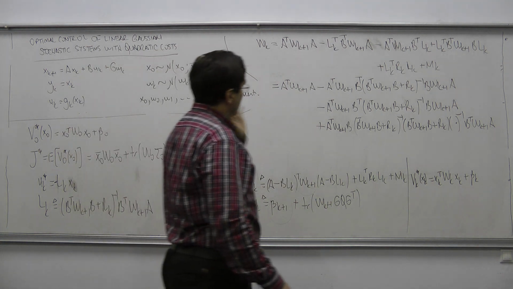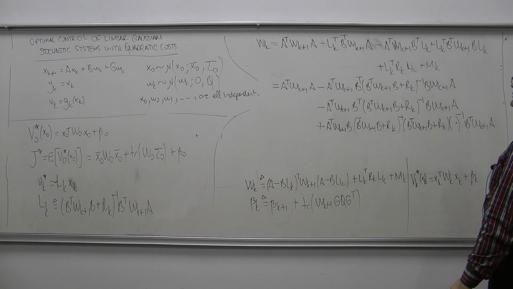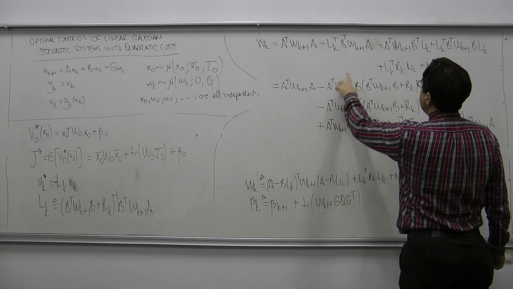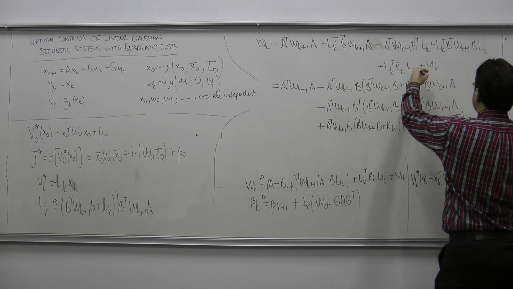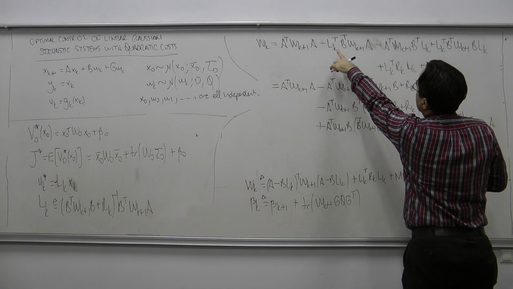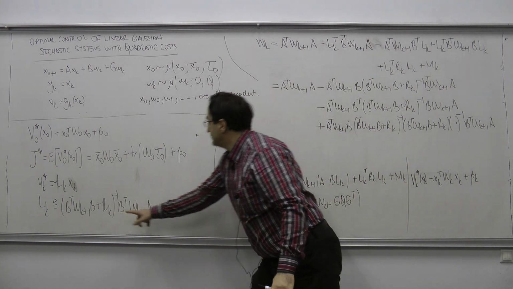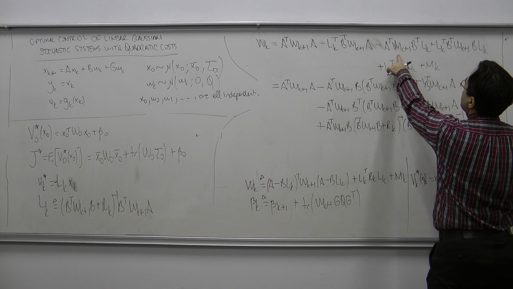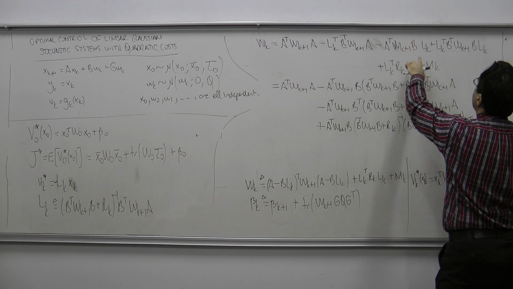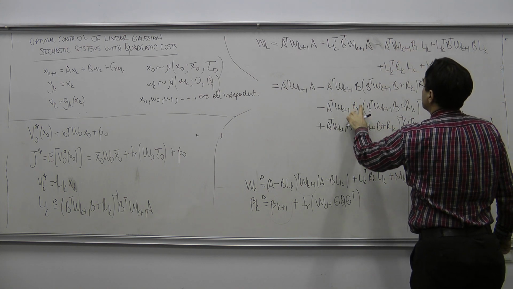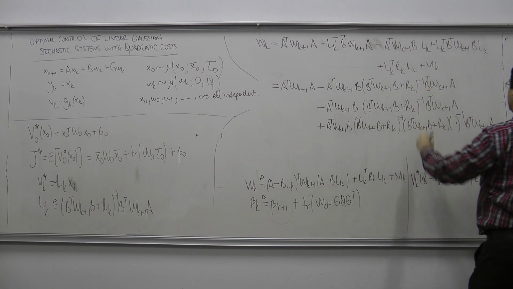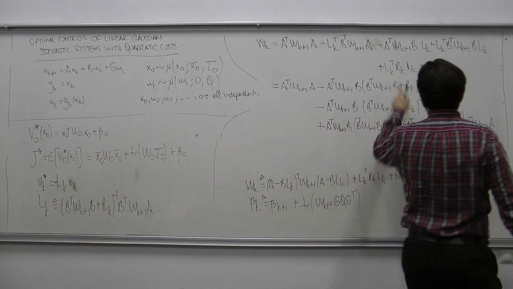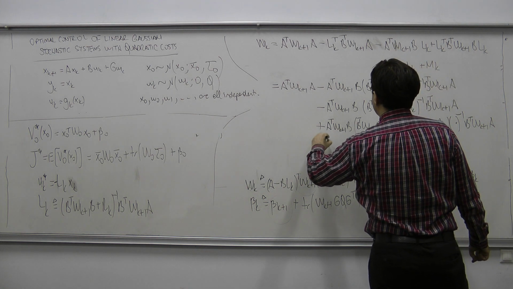Now let me try to find my mistake, if I can find it. This thing is definitely going to be B, because here I have then this B transpose. So I would have L_K transpose, and then there would come B here. In this one there is no B transpose here, there is just B. So this is not going to be like this, and this is going to be B transpose. Now everything looks correct, and I will add the rest of the terms, which is plus M_K.